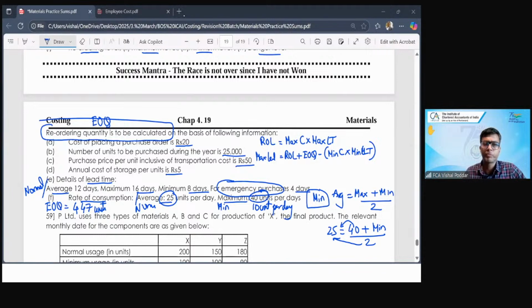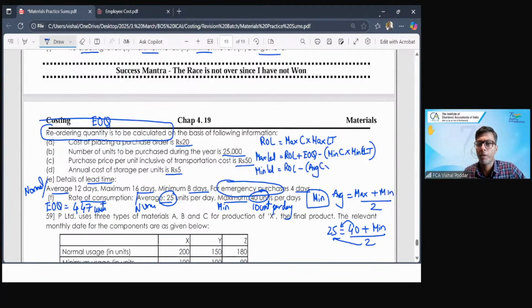Then for minimum level, ROL average into average. And then danger level, it is average or normal consumption into emergency lead time. Correct? So these are the formula as given correctly by three of you all.